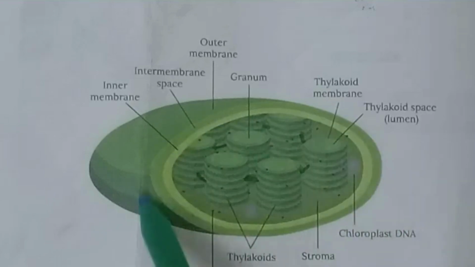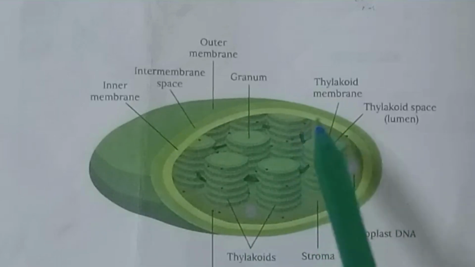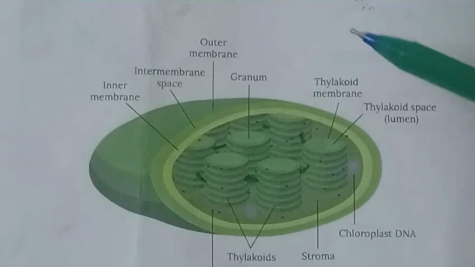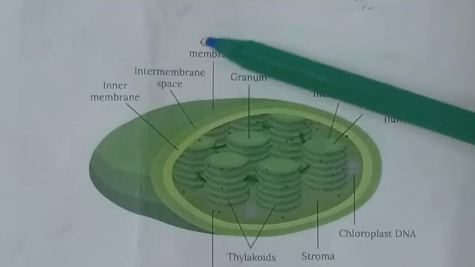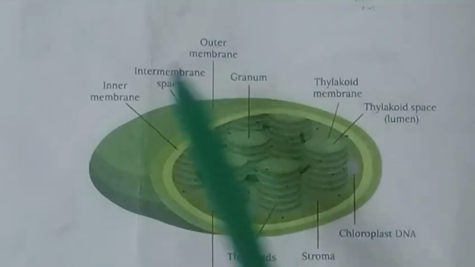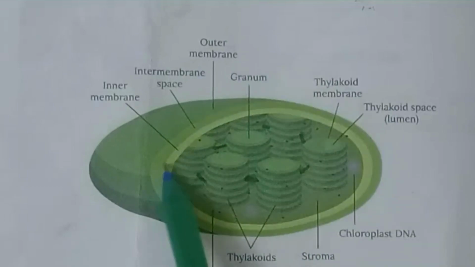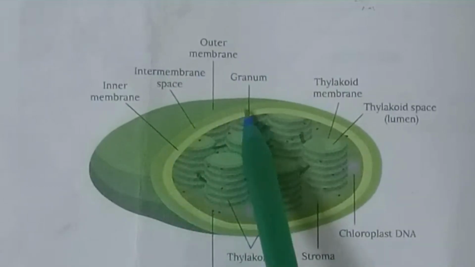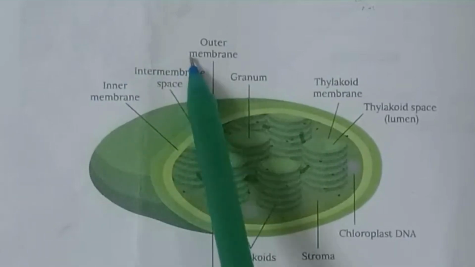Here, the chloroplast is a double membrane organelle which consists of two membranes, the outer membrane and the inner membrane. Between the outer and inner membrane, there is a space known as the intermembrane space.